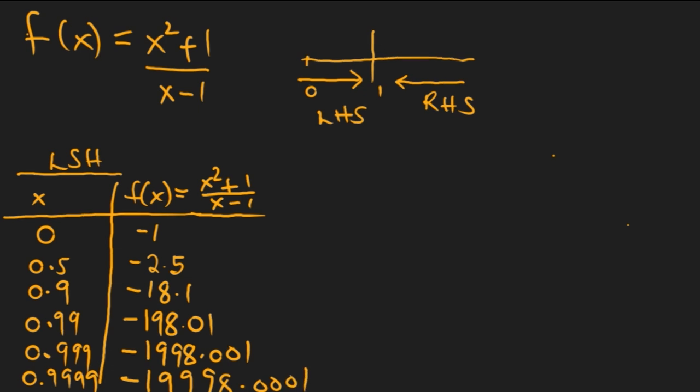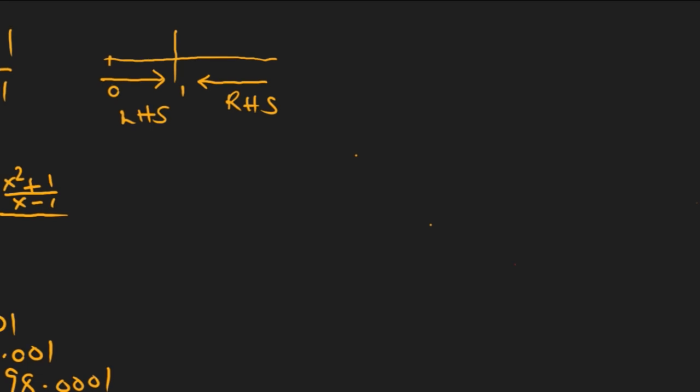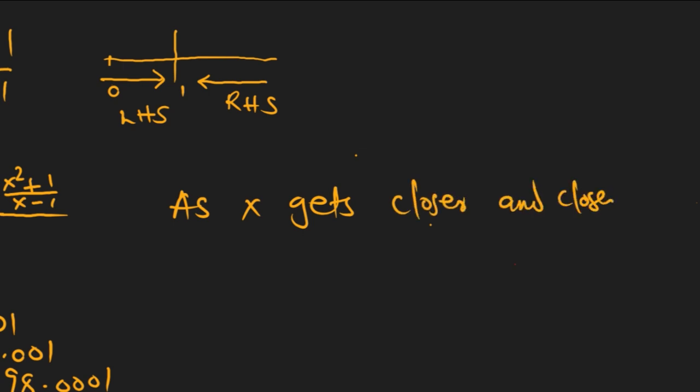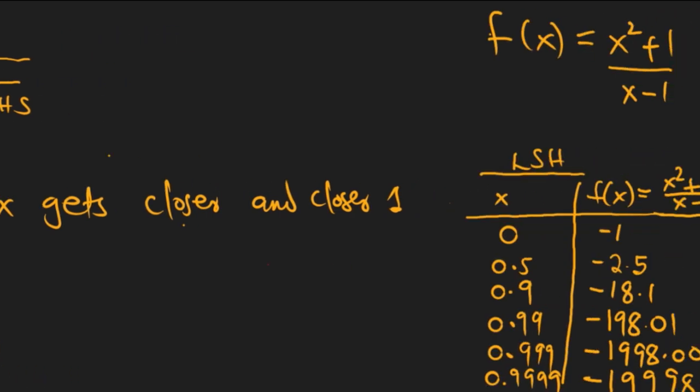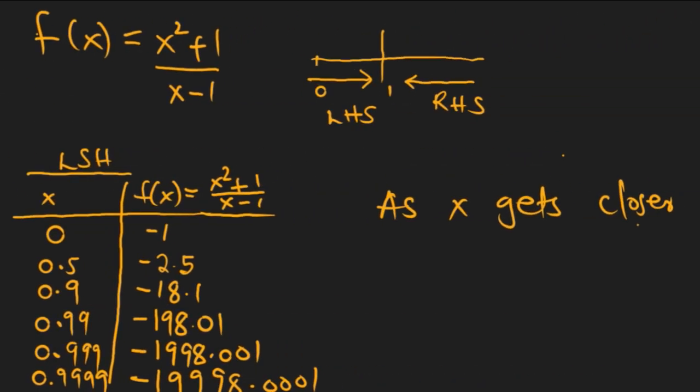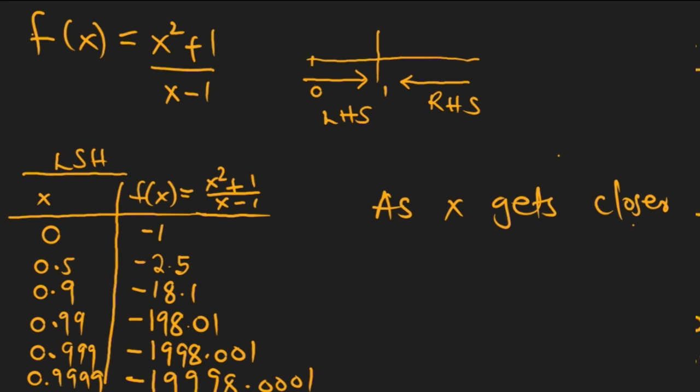What conclusion can we draw from here? We notice that as x gets closer and closer to 1. Why do we say as x gets closer and closer to 1? Look at the values we selected. We have 0, 0.5, 0.9, 0.99. So we are getting close to 1 over here.